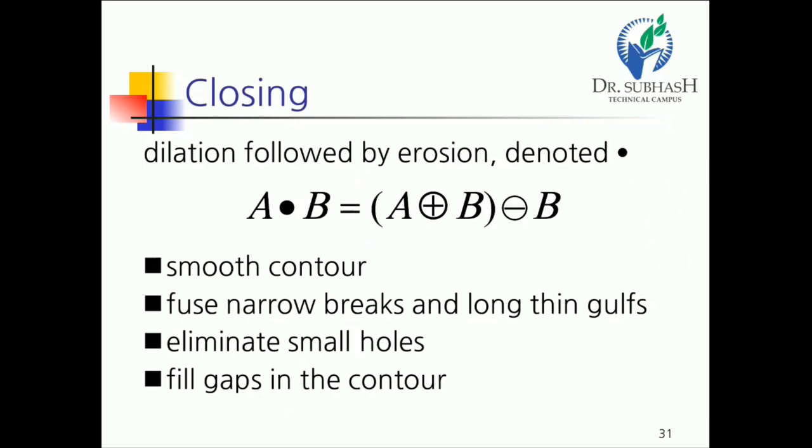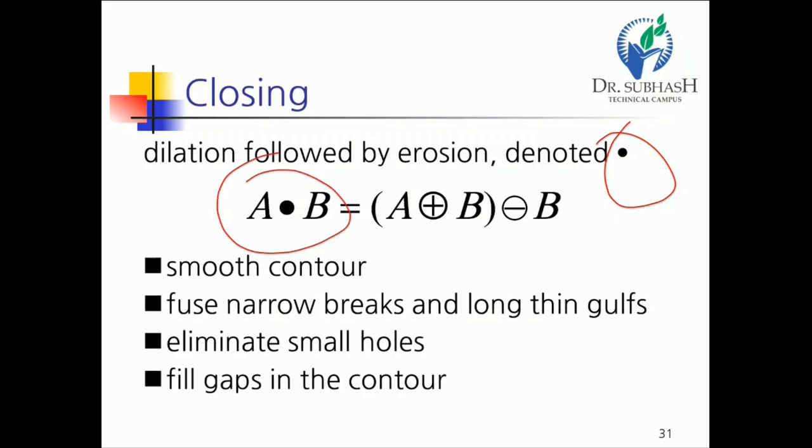Now the next one is the function of closing. Closing is dilation followed by erosion, the reverse process of opening. In opening, erosion is followed by dilation, and it is denoted with a dark dot.